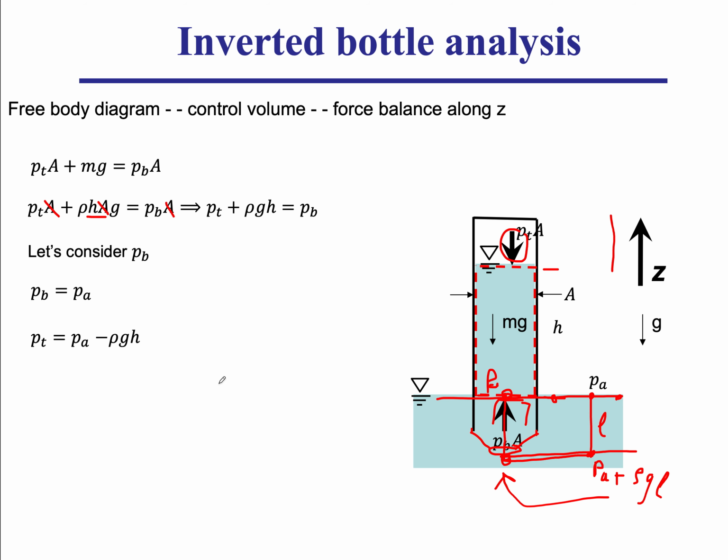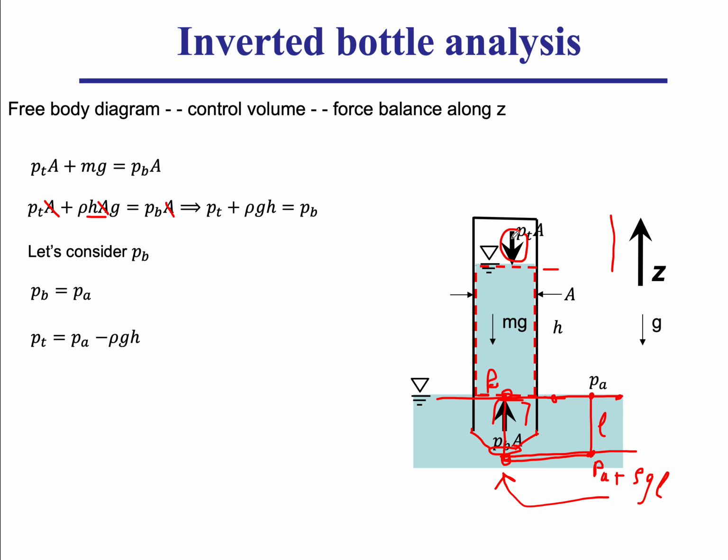So let's plug it into this equation. P top is the atmospheric pressure minus rho gH. So what this tells us is that the gas pressure right at the top is equal to the atmospheric pressure, which is outside the bottle, minus the pressure associated with this column of water. And what that really tells me is that by flipping the bottle, I have created somehow a vacuum here.